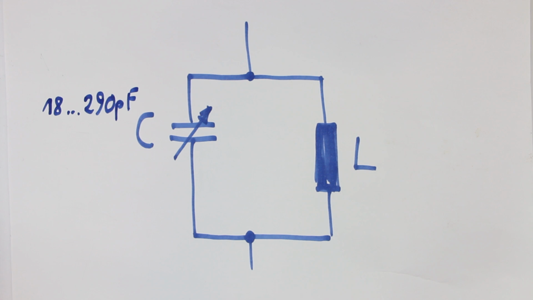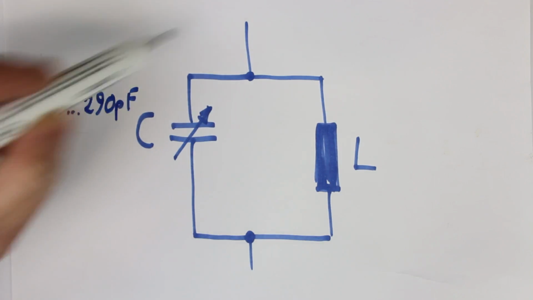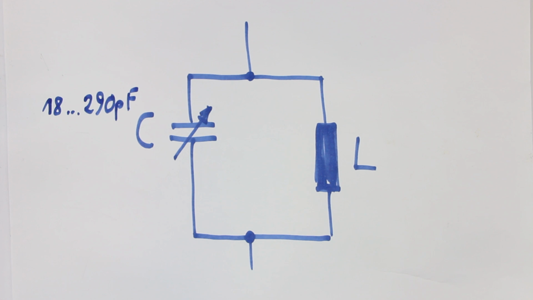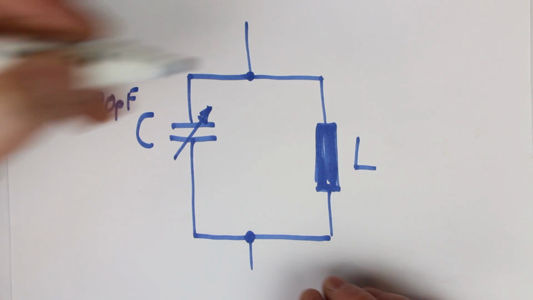And now there's one important formula you need to know, which tells you the resonant frequency of such an LC resonant circuit. I promise you it will remain the only formula for this video.